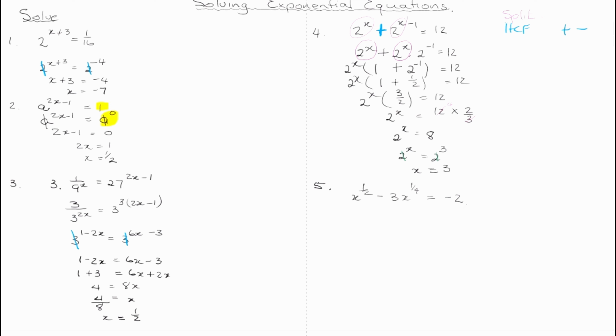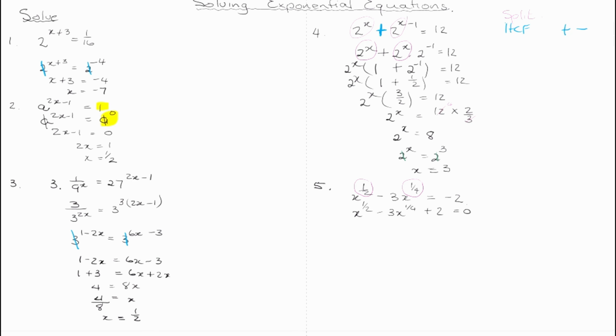The x's here have this x double the size of that x. And there are 3 terms. So it is a trinomial. So what we're going to do here is bring everything to the left. So it's going to be x to the half minus 3x to the quarter plus 2 equals 0.